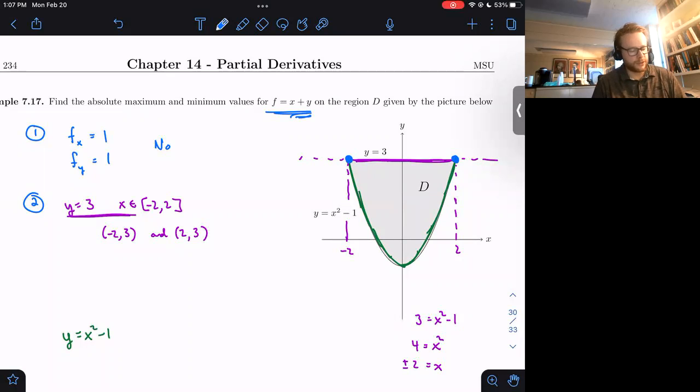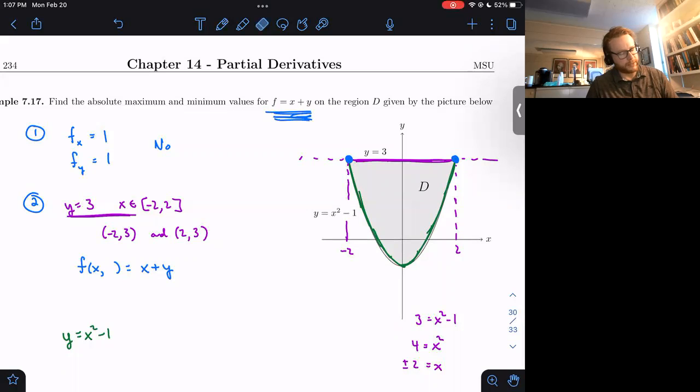We also need to search within the line segment. And again, we're looking for critical points for our function here, but with this specific value for y, in this case y equals 3. So instead of f of x, y, which would be the full notation here, which is x plus y, here I'm only searching on the line when y is equal to 3.